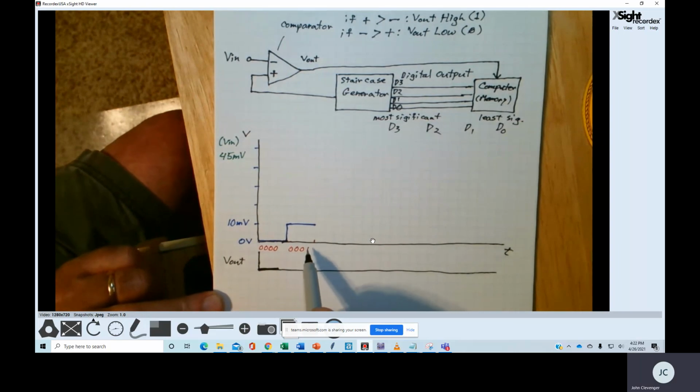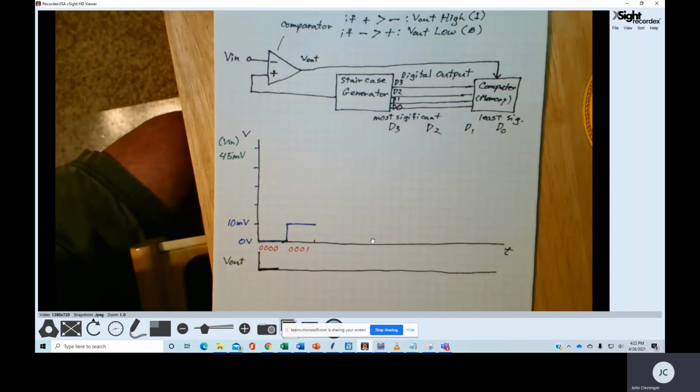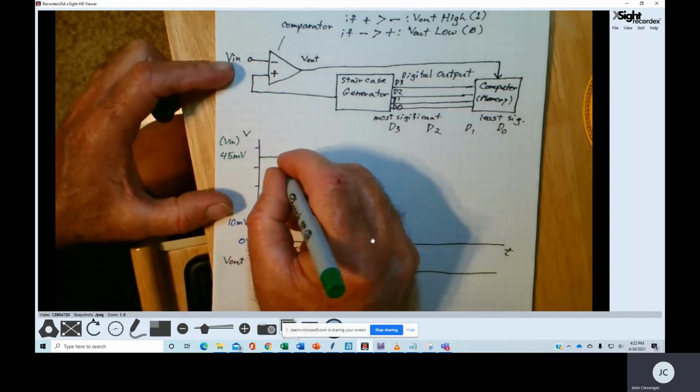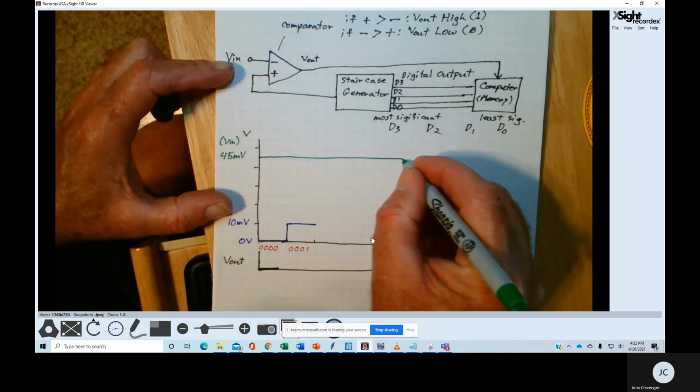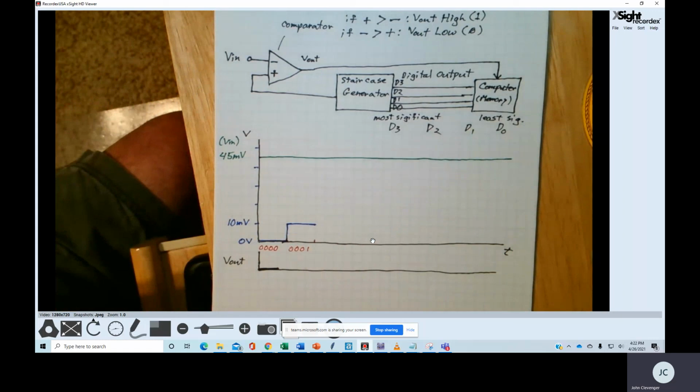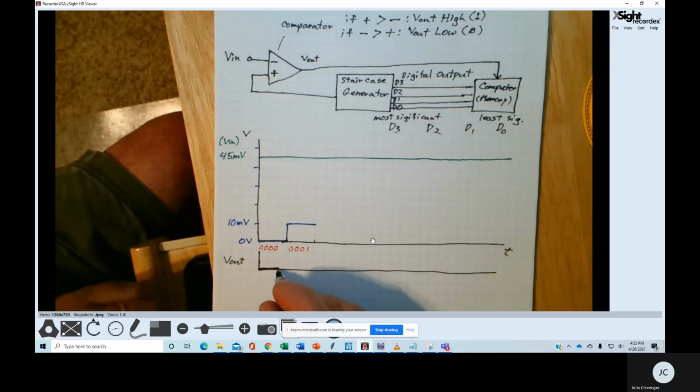Now, the staircase generator here outputs 10 millivolts, and we can see that the value of Vn is still greater than the non-inverting input, the output of the staircase generator. So the output of the comparator will still be low.